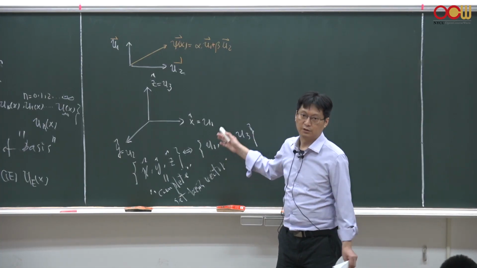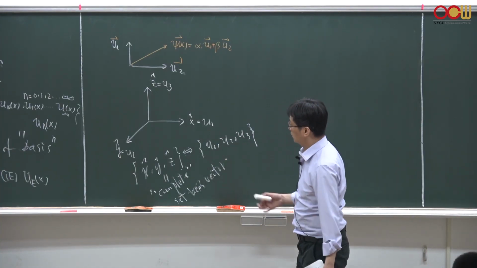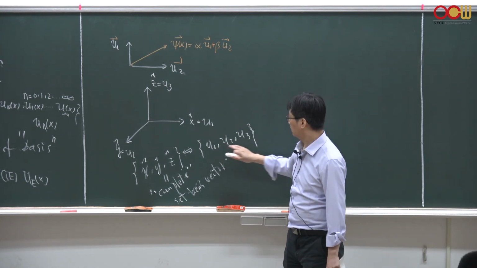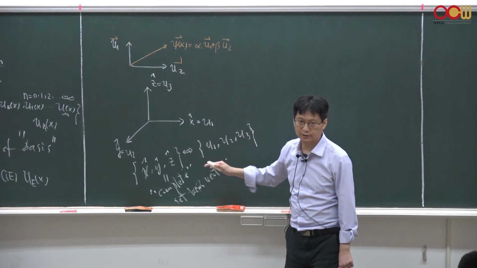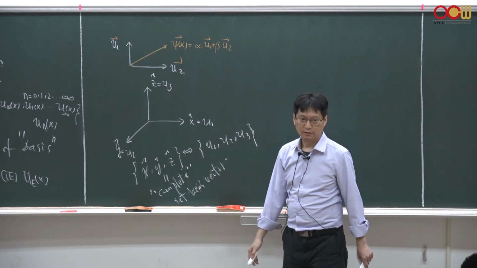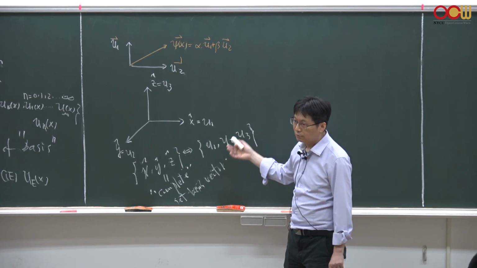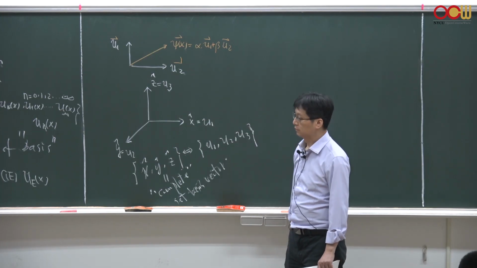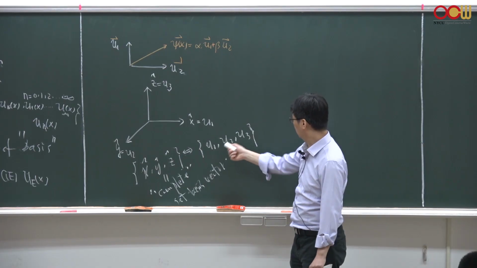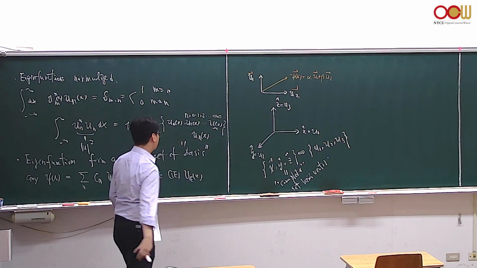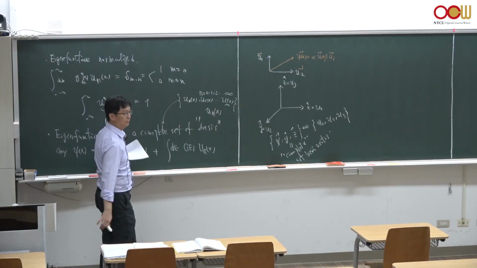Likewise, if a certain quantum mechanical problem gives you three eigenstates, and these three eigenfunctions form a complete set of eigenbases, then any arbitrary wave function in this particular problem could be formed by a linear superposition of the three eigenfunctions. In this vector analogy, this is precisely what it means.